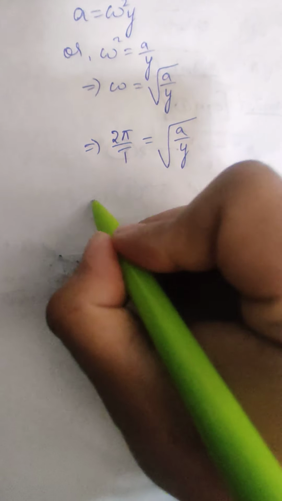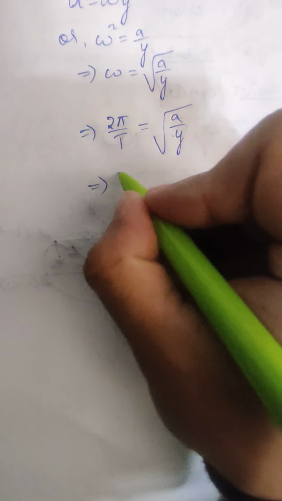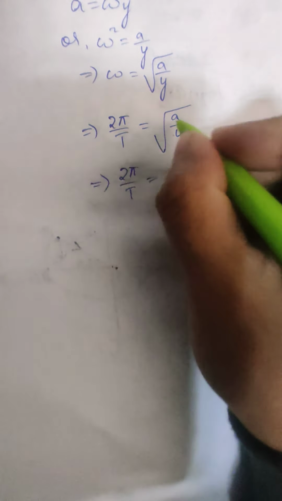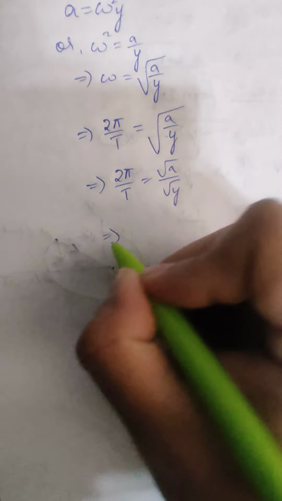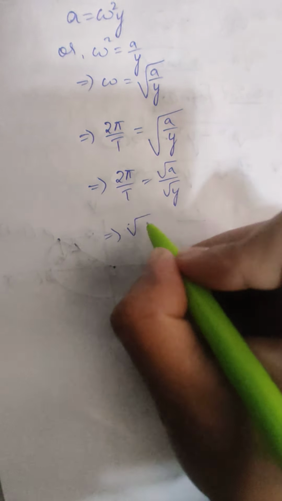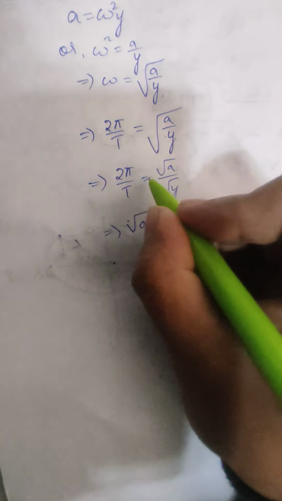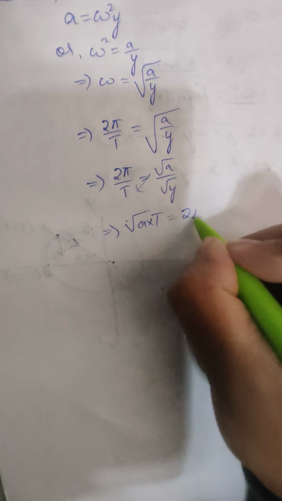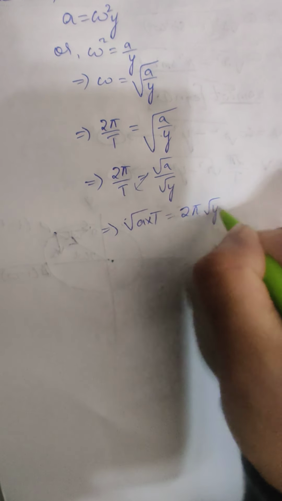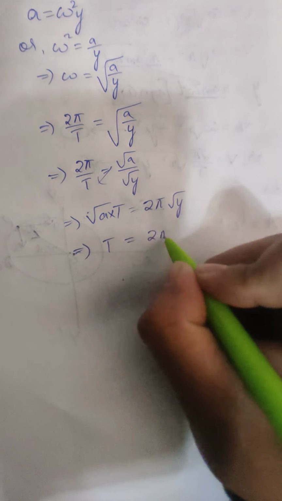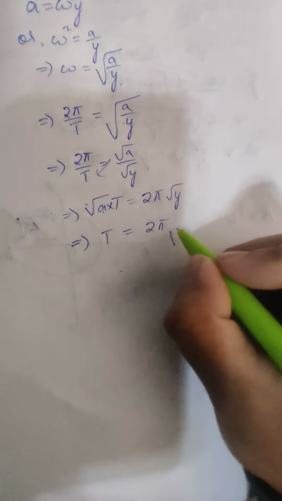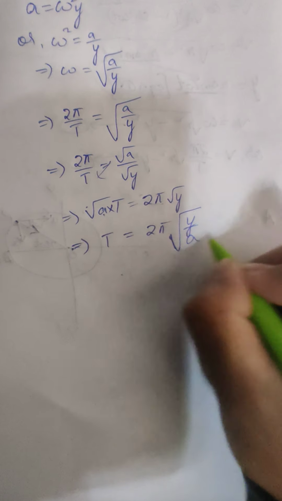Now if I cross multiply it, we can also write root a by y like root a by root y, right? It is still the same. So if I cross multiply it, root a into T is equal to 2 pi into root y. So what will be T? T will be equal to 2 pi, the root a will go downside, so it will be root y by a, right?